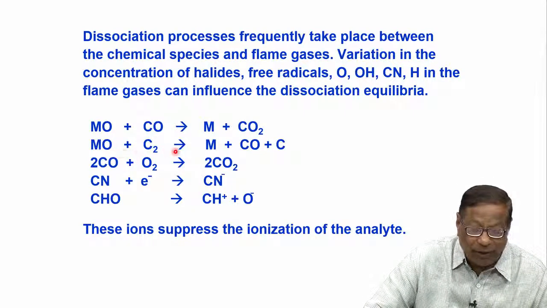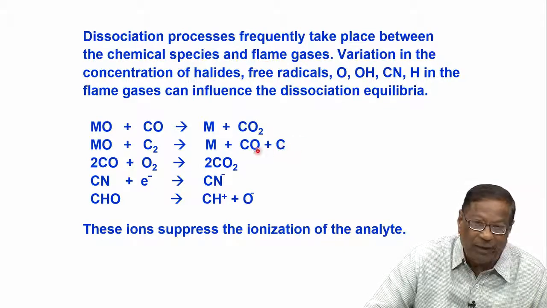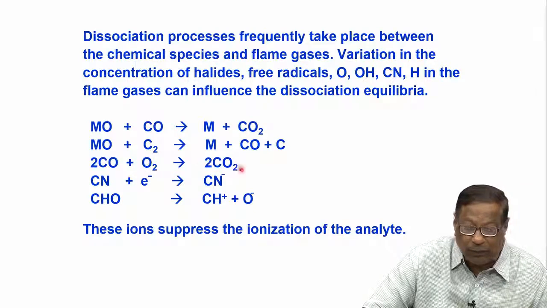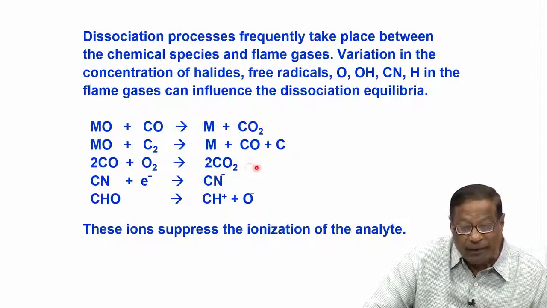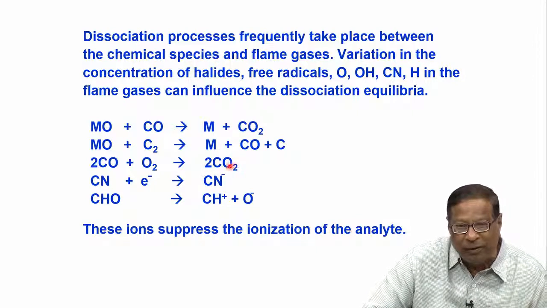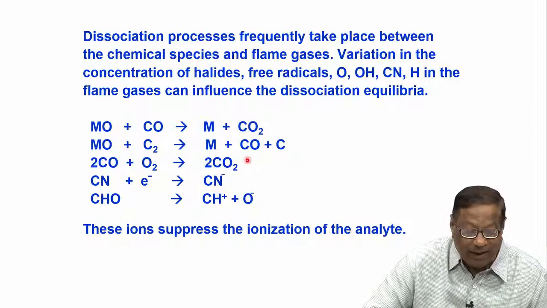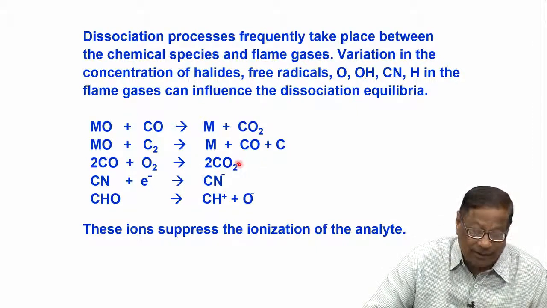Similarly, metal oxide can react with C2 carbon atoms, producing metal plus carbon monoxide plus carbon dioxide. And then there are 2 CO molecules which can react with an oxygen molecule to give 2 CO2. This will have a broadband interference. Broadband means resonance line overlapping, and there will be an increase in the signal, but it is unnatural.